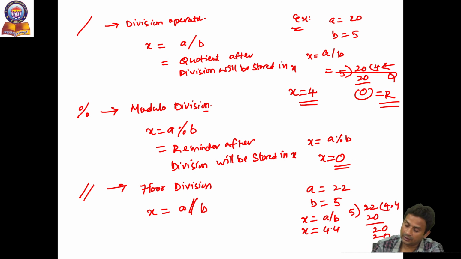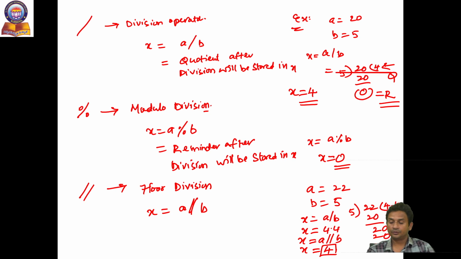But if I use a double slash b, the value of x is equal to only 4. This is what is called floor division. In the case of floor division, you get only the integer part of the quotient. The actual quotient value is 4.4, so a double slash b returns only the integer part.